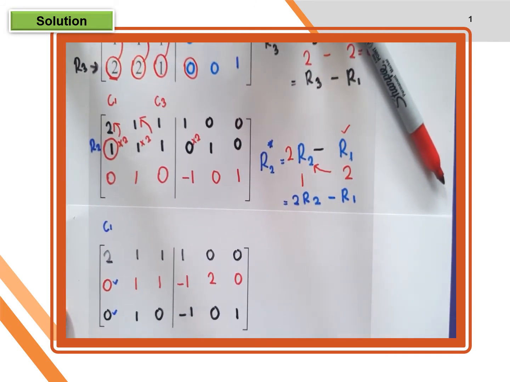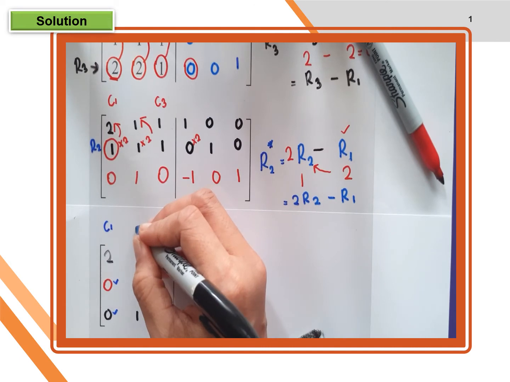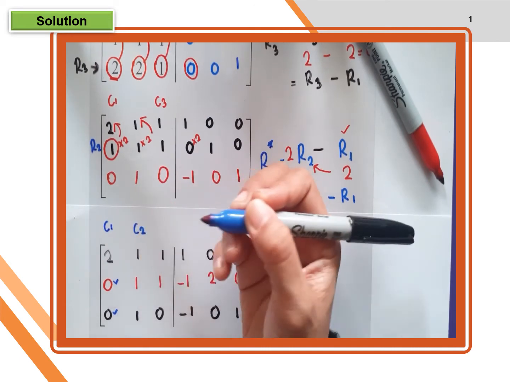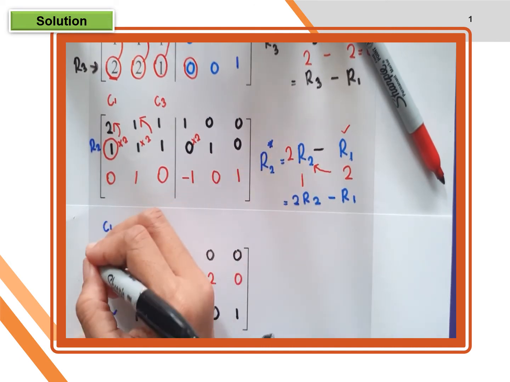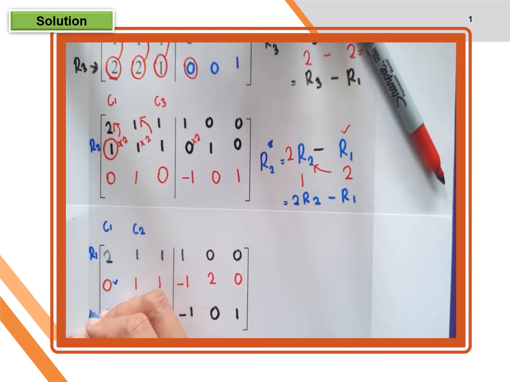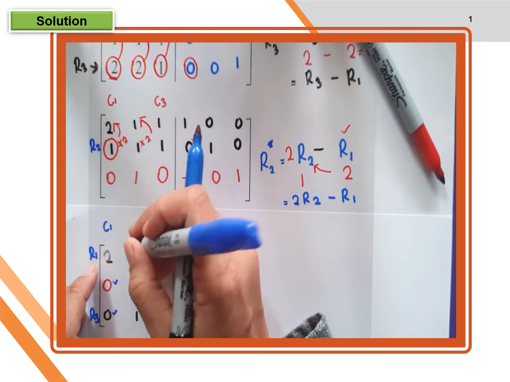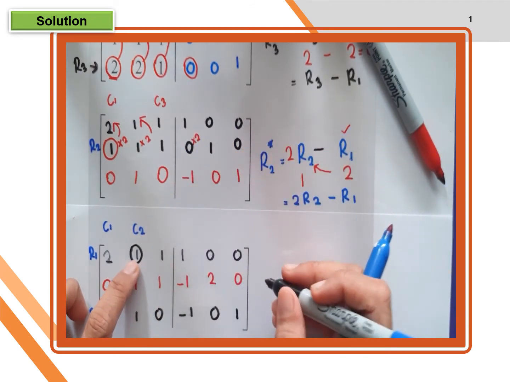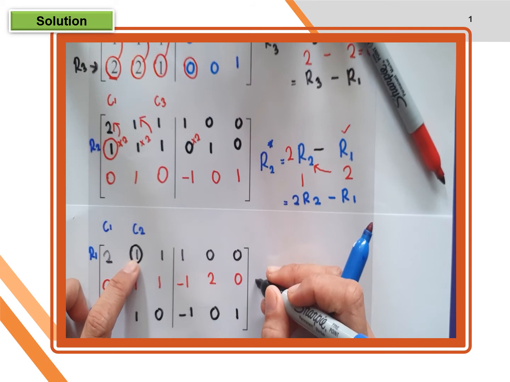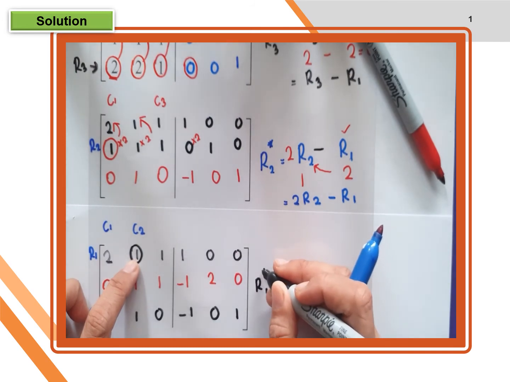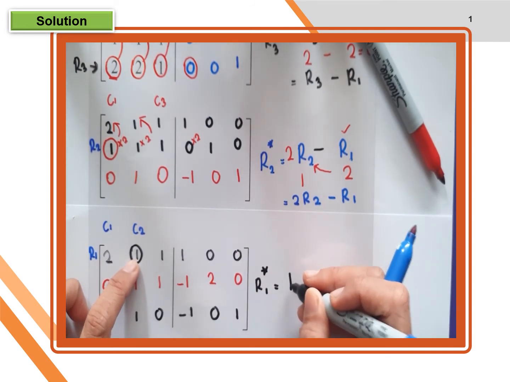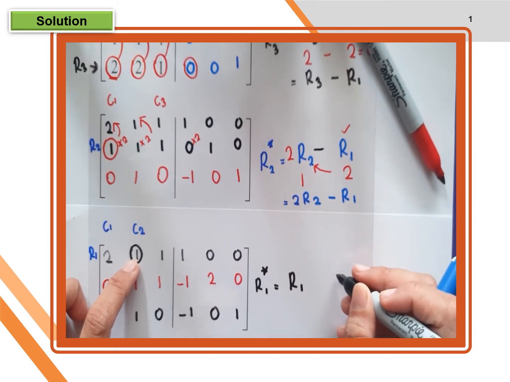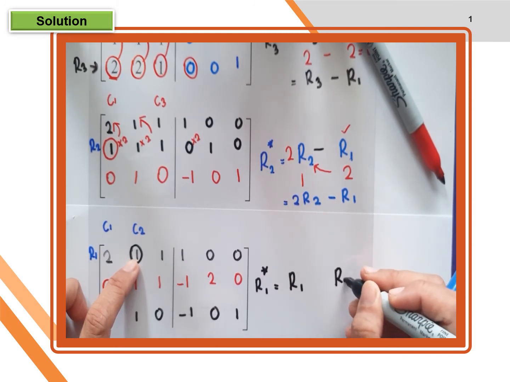Next, we continue to column number 2, the first row and the third row. First we replace row number 1 to obtain 0, using row 1 together with row number 2.